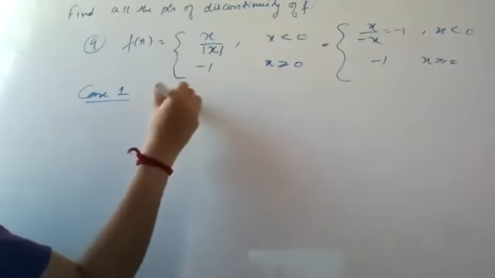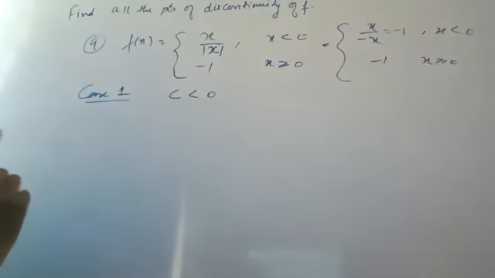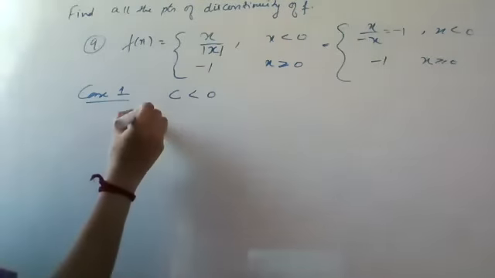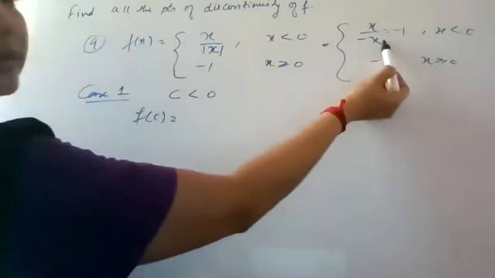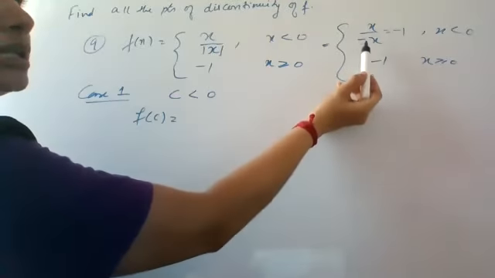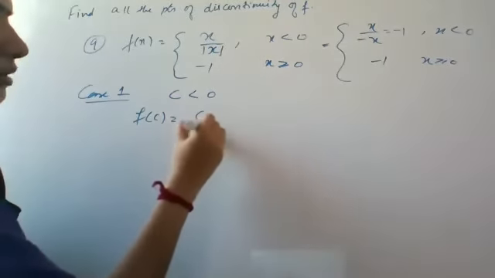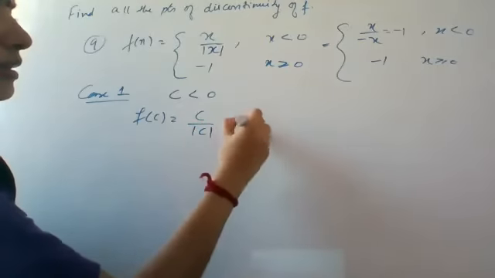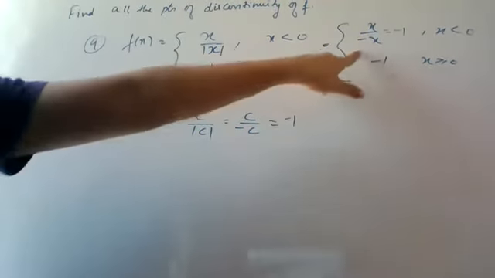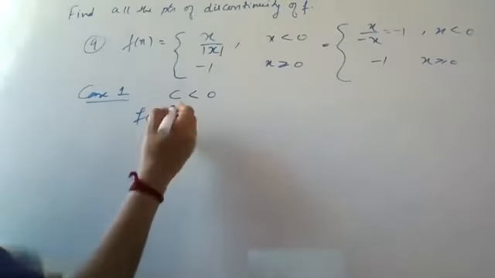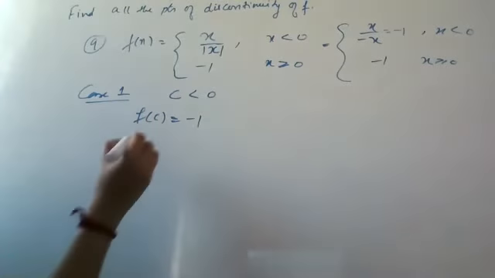Because in case 1 you will take c less than 0. That is one case. For c less than 0, the function f of c will become -1. If this is clear for you, you can directly write f of c is minus 1. Okay.